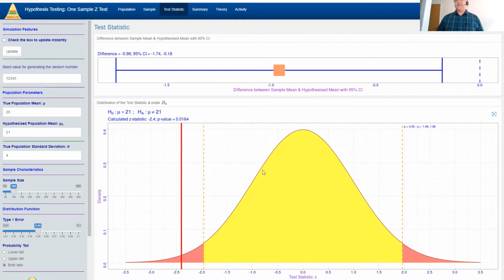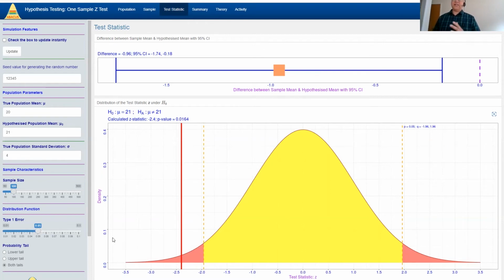Now, this is telling us that our probability here is 0.0164. So that means if we repeat the experiment 100 times, and if the null hypothesis is true, given the observed data we have, the probability of rejecting the null hypothesis will be around 1.64%, which is less than what we can afford to commit for that level of mistakes.